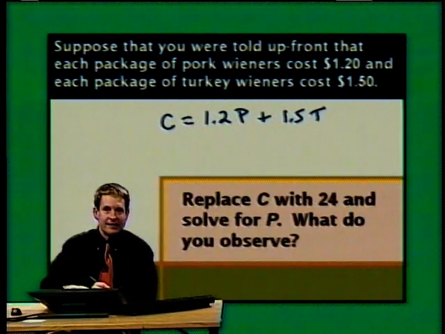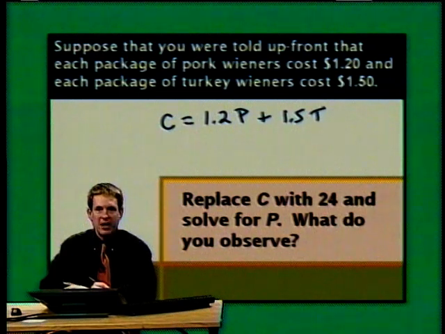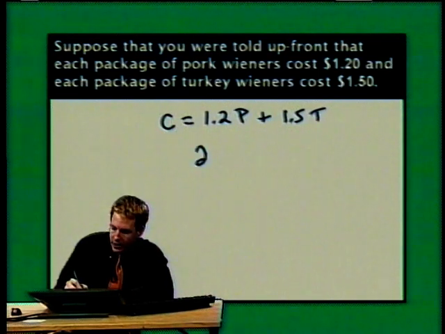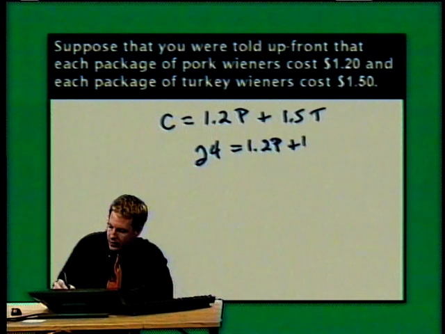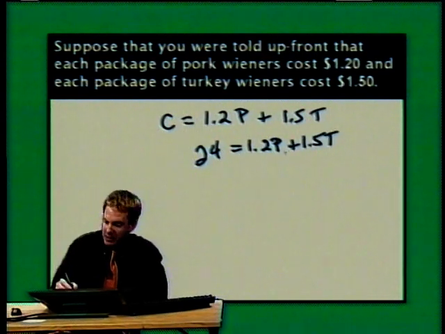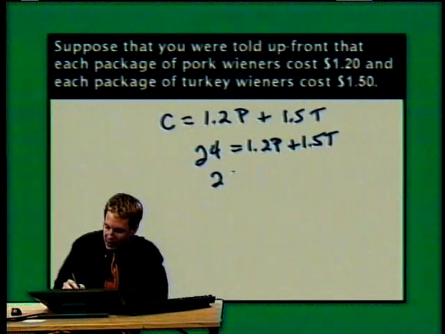Now let's replace C with 24 and solve for P, and let's make a little observation. Alrighty, so we've got 24 equals 1.2P plus 1.5T. To isolate P, I'm going to begin by subtracting 1.5T from both sides of the equation.